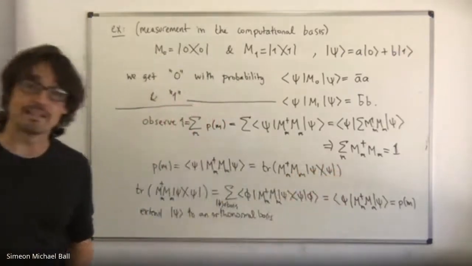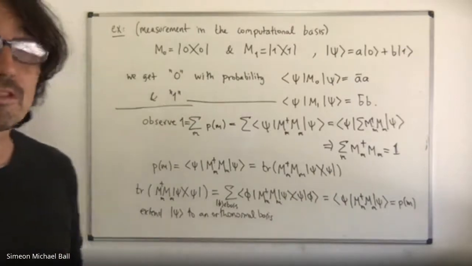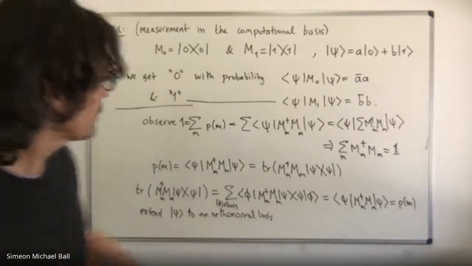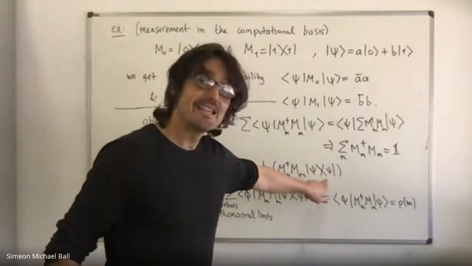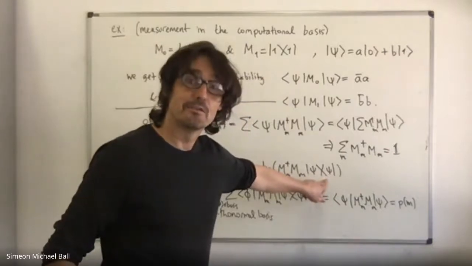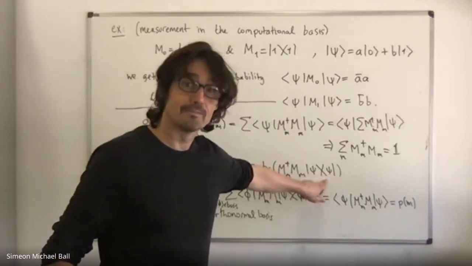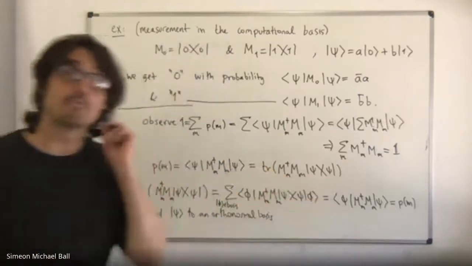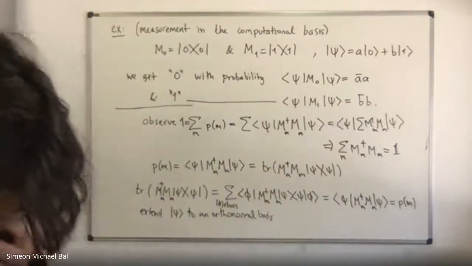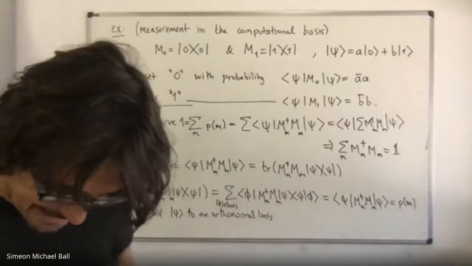You have probably worked out why I wanted to do that, because what I've suddenly got here is my density operator for my pure state psi. Now I want to prove that this is exactly the same.